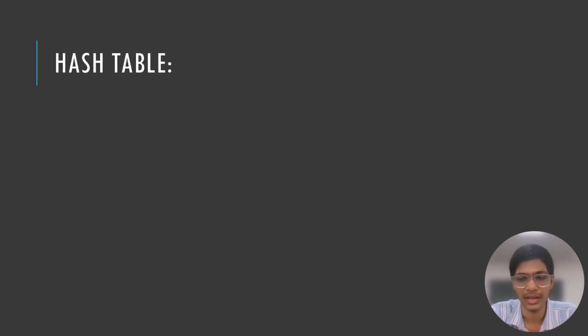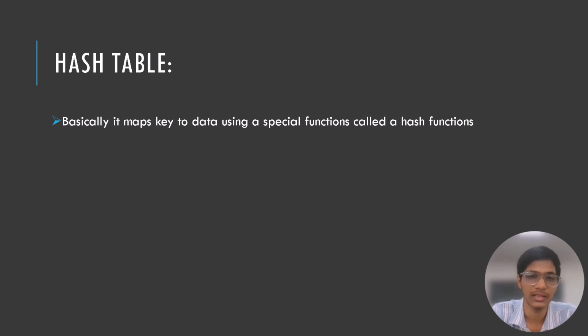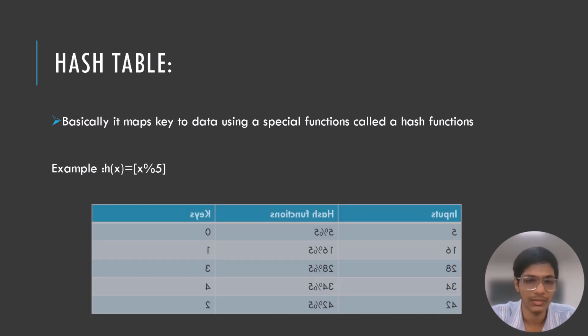Let us see an example of a hash table in practical. Basically, it maps a key to the data using special functions called hash functions. Here we can see the example h(x) = x mod 5, where x is the value which we give.